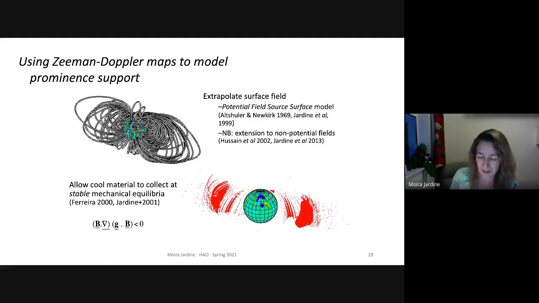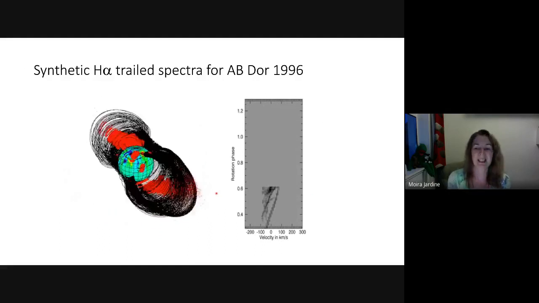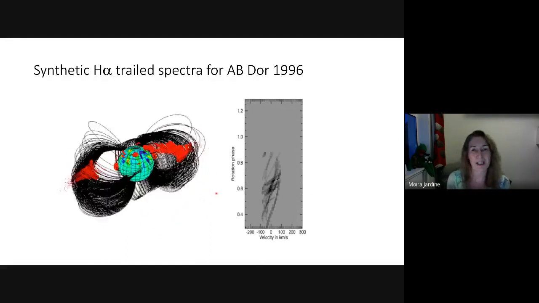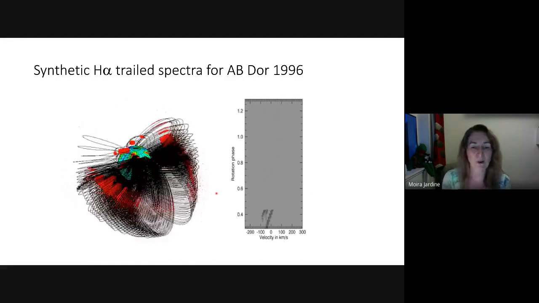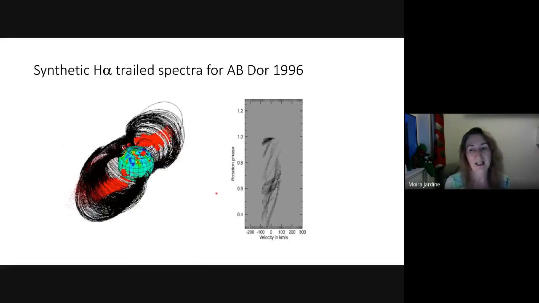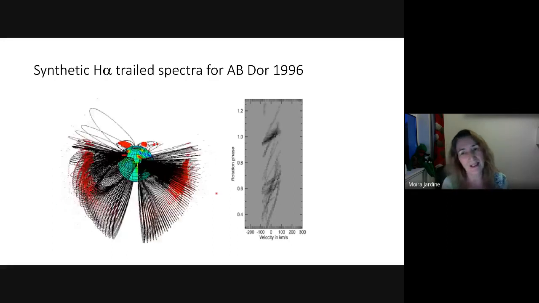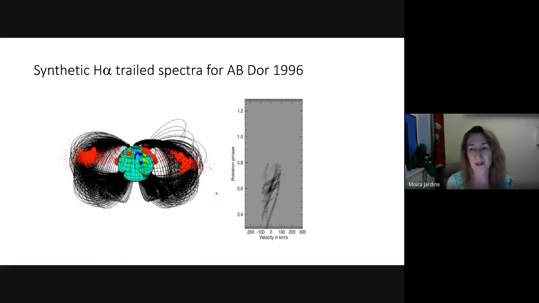This is AB Dor, the star. So here's what we would see in time as AB Dor rotates. The black lines are magnetic field lines, and the red blobs are the predicted prominence locations. And on the right, we see the H-alpha spectrum developing in time as the star rotates.